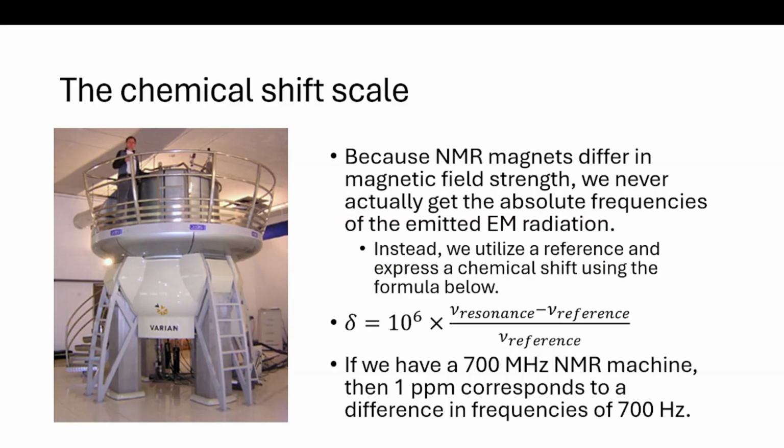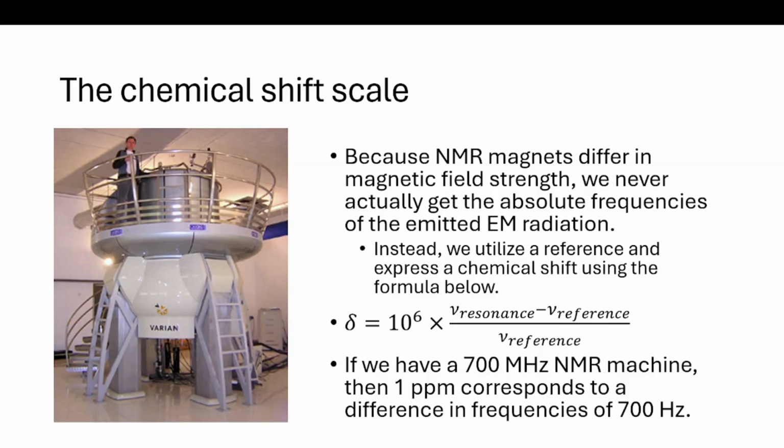Now, NMR magnets can differ in magnetic field strength. I myself have seen an NMR machine, but I do know that there can be different frequencies for these machines. Because of this, we never actually care about the absolute frequencies of the emitted EM radiation. Instead, we utilize a reference compound, and we express the chemical shift using the formula below.